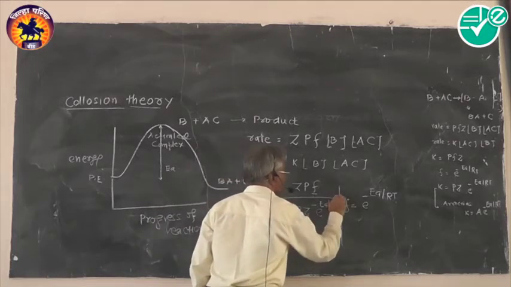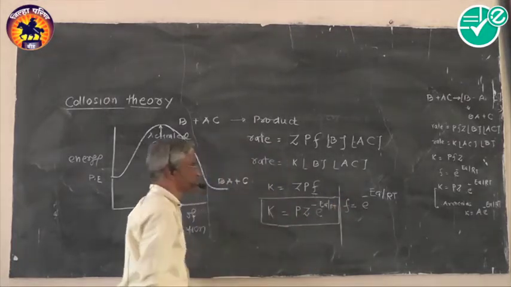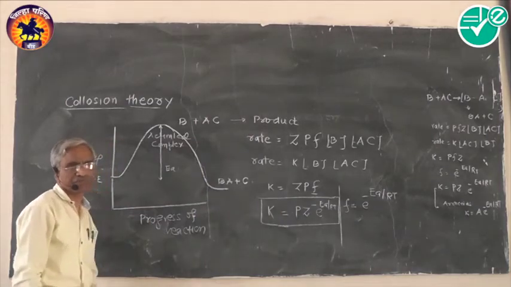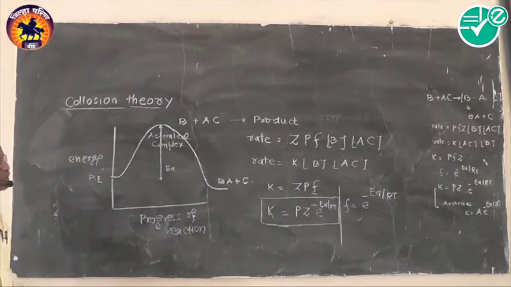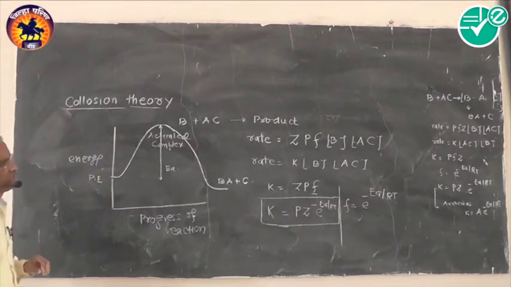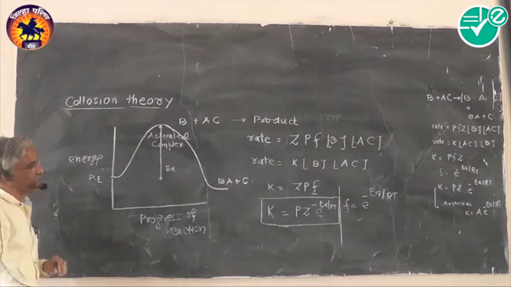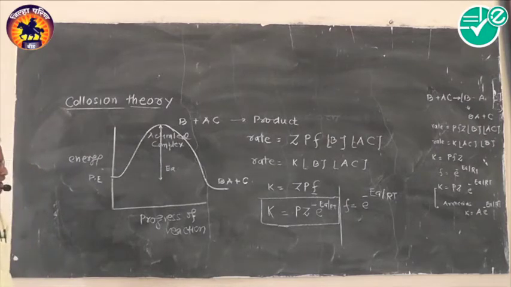This is the rate according to collision theory. This rate we are going to compare with the rate obtained by the Arrhenius equation.